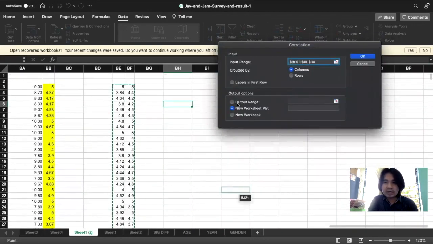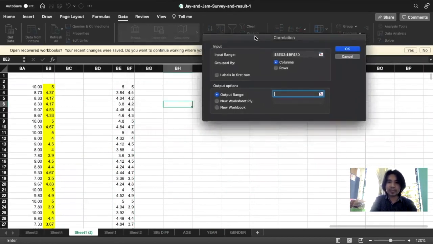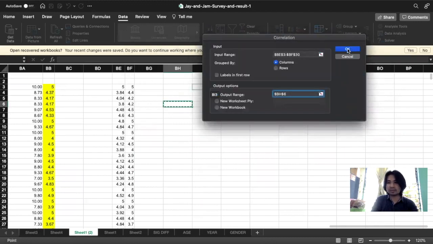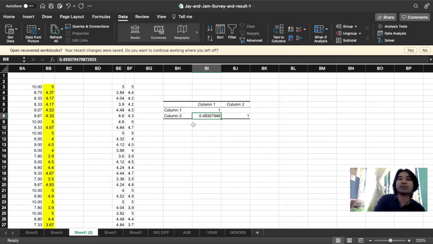And output range right here. Then press OK. So right here, this number is the result for the correlation of the independent and dependent variables, column 1 and column 2. So this is 0.449.